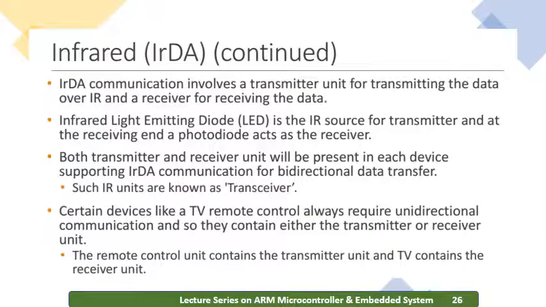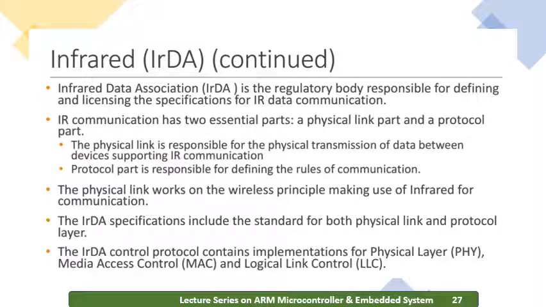Okay. So this IrDA involves a transmitter, and on the other side it will be having a photo diode. Okay. So as the device has both a transmitter and a receiver, it is also called a transceiver. So the TV remote controls, your AC remote controls, everything works on the same criteria.